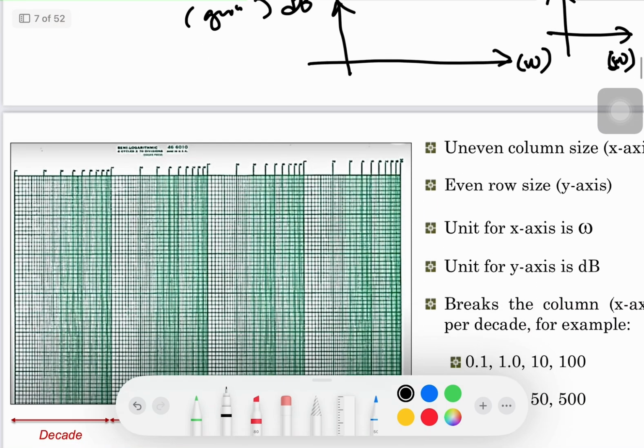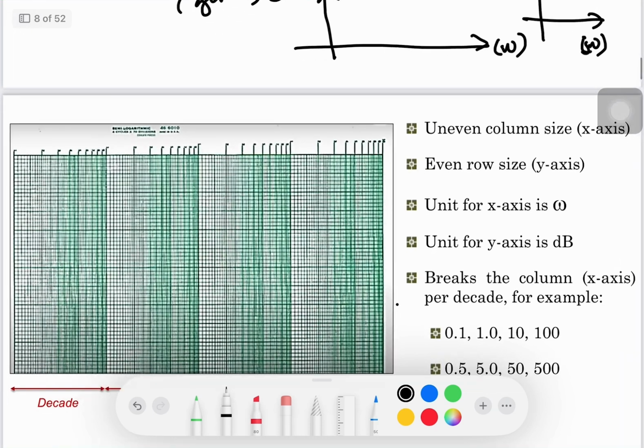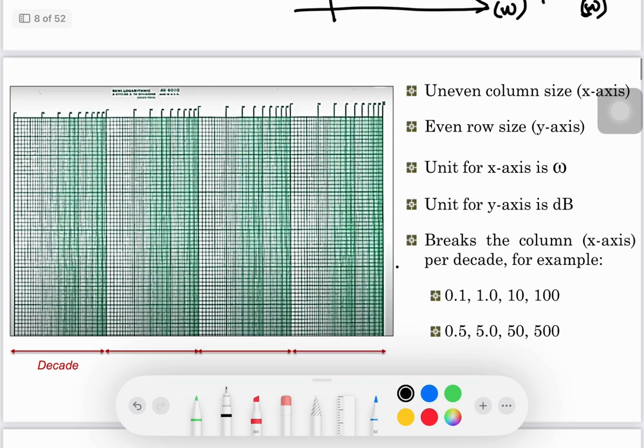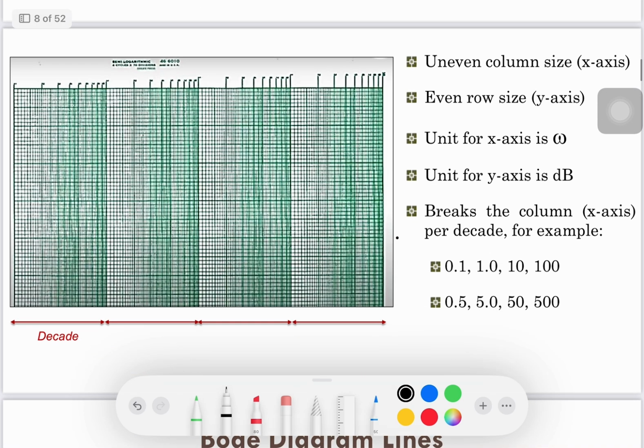Sometimes it depends on the question whether you are given semi-log paper, or sometimes you just need to sketch it by yourself. When we talk about semi-log paper, as you can see, it has uneven column sizes on the x-axis, but even row sizes on the y-axis.